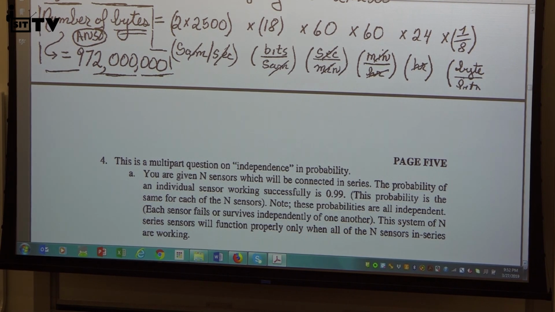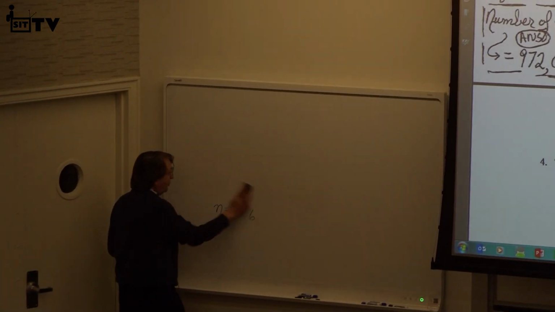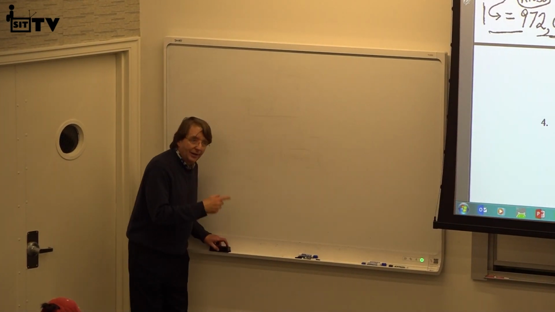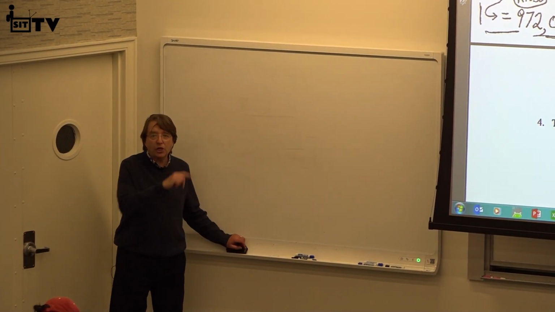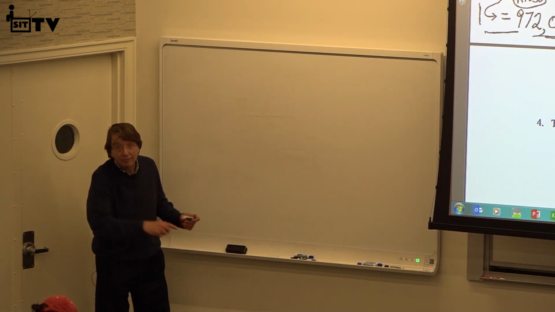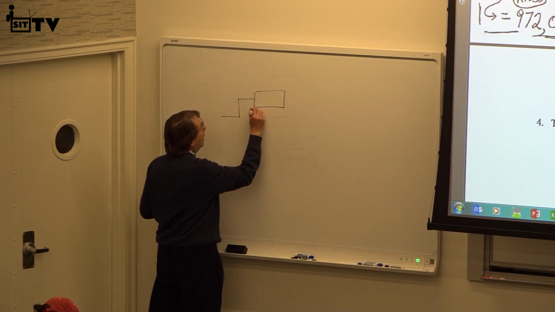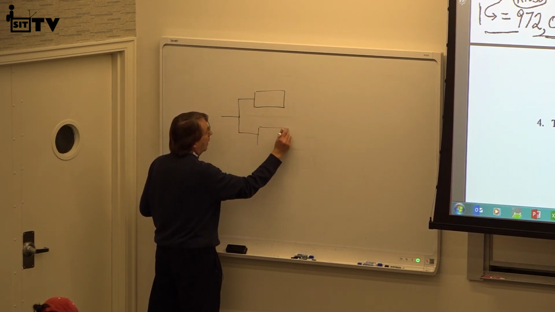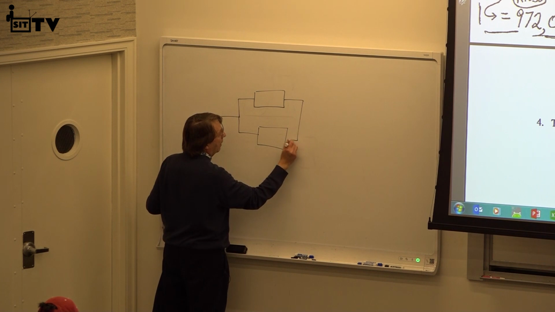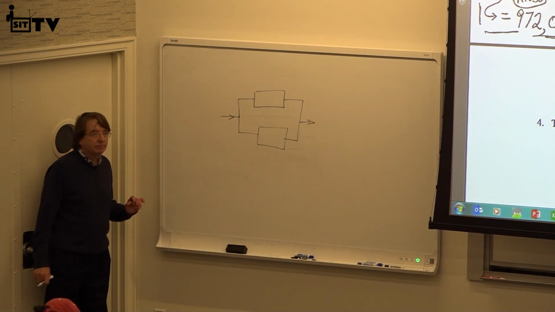I think you know this. And if you know what I'm about to put on the board, there's no way I can trick you on this type of problem coming up. Here's what you need to know. Two sensors in parallel.